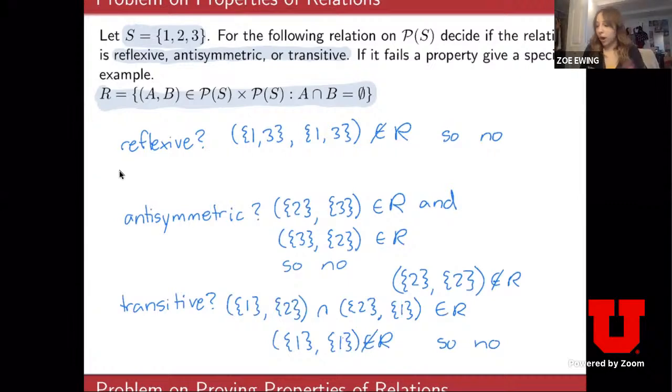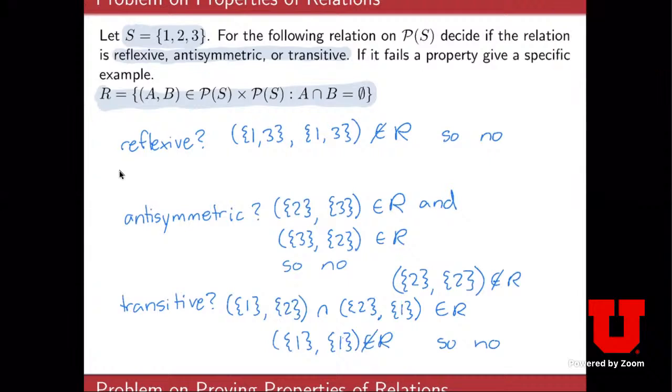For every single one of these, it has to be every element, which is why if you're proving that something is transitive, it's important not to give just one example, because we need some kind of proof that is general for every element. And that means there's a possibility that it could be neither antisymmetric nor symmetric, it can be neither.